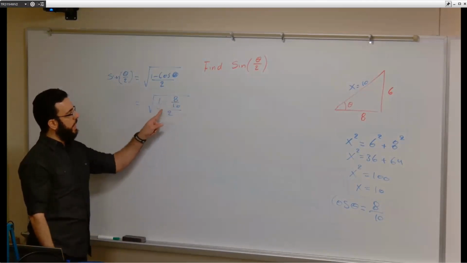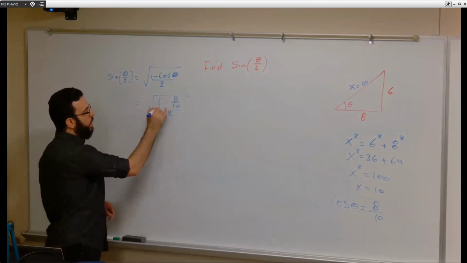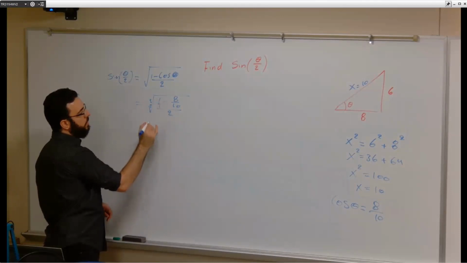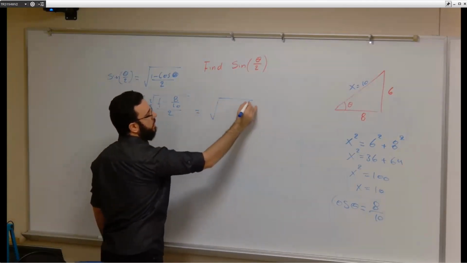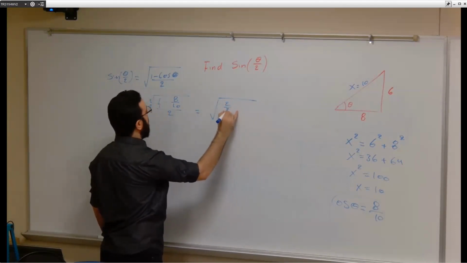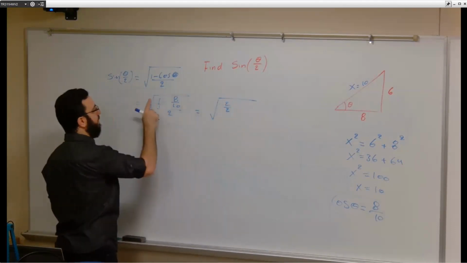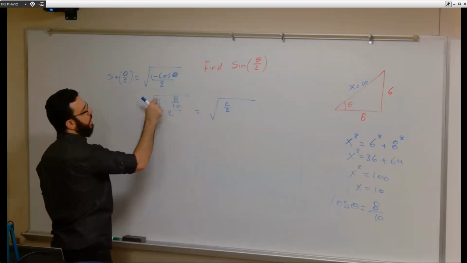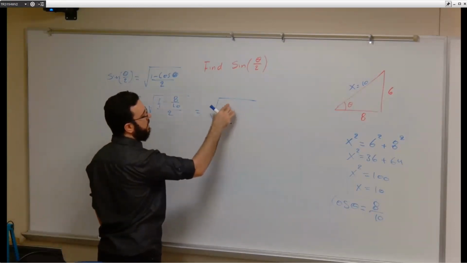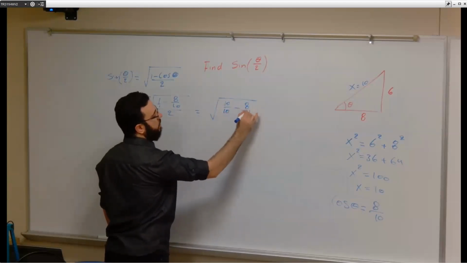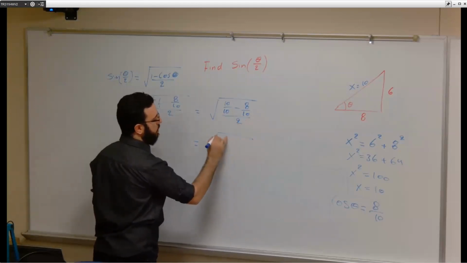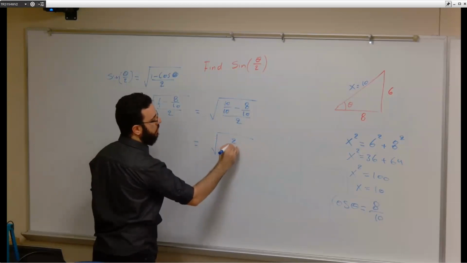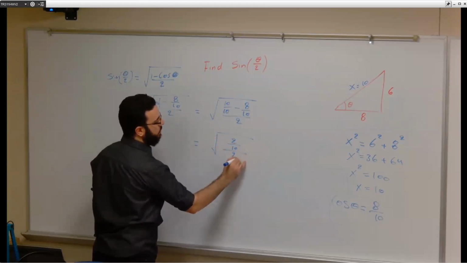Now I need to simplify this one. 1 over 1, you multiply by 10 over 10, so it's 10 over 10 minus 8 over 10, and everything divided by 2. So it's going to be the square root of 2 over 10 divided by 2.